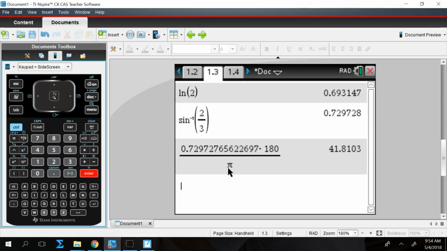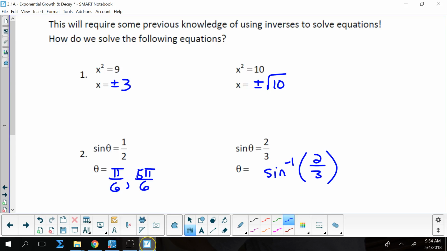I get 41.8 degrees. Is that the only one? That's the quadrant 1. Right? What's the other one? 138.2 degrees.